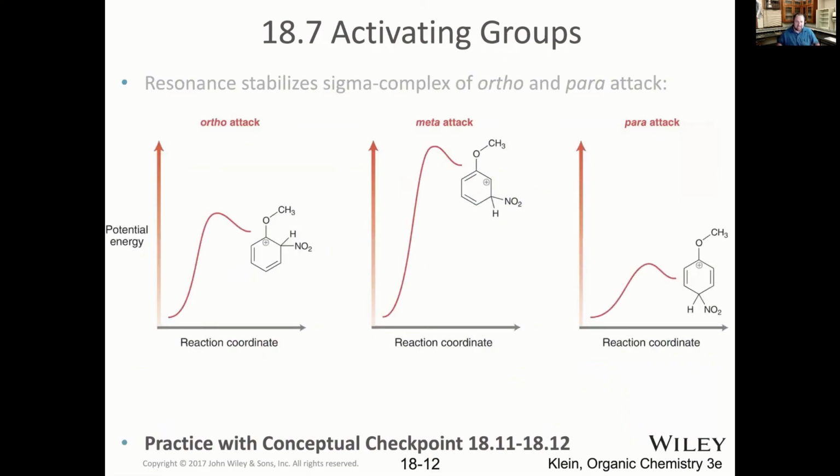Thus, once again, you have a great stabilizing effect occurring at the ortho and para positions, whereas the meta position is not destabilized, but doesn't gain any benefit from the attached methoxy group. It is still fast to some degree, probably relative to benzene, but that position still isn't favorable.